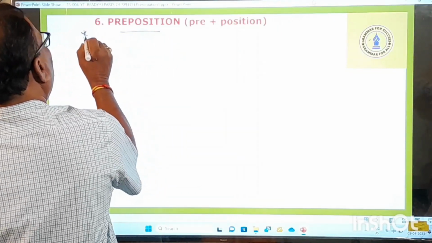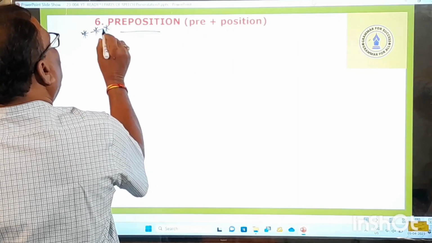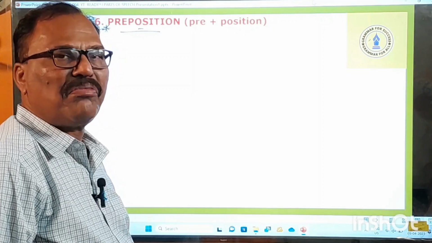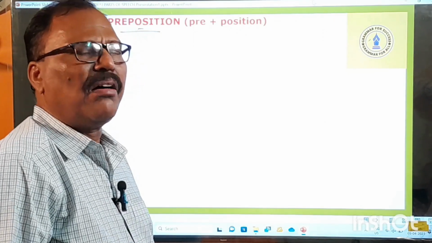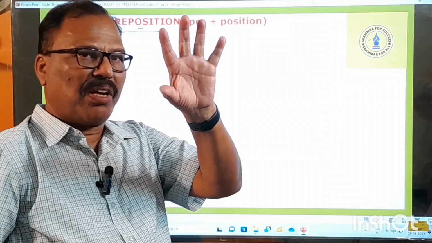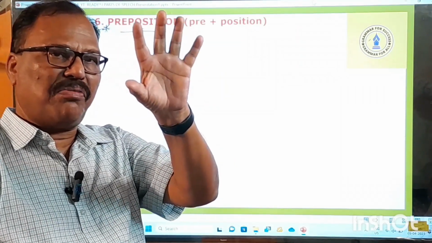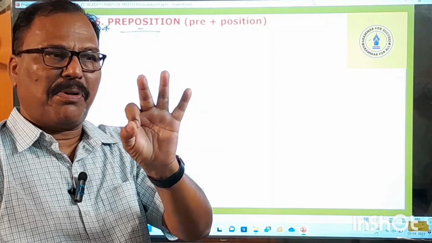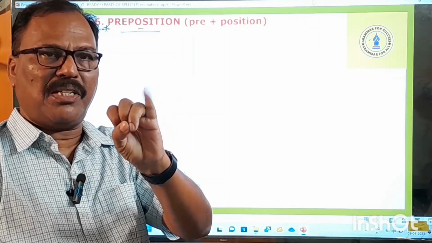Preposition is very, very important, because all prepositions are structure words, or function words, or grammatical words. There are five kinds of structure words: articles, helping verbs, pronouns, prepositions, conjunctions.